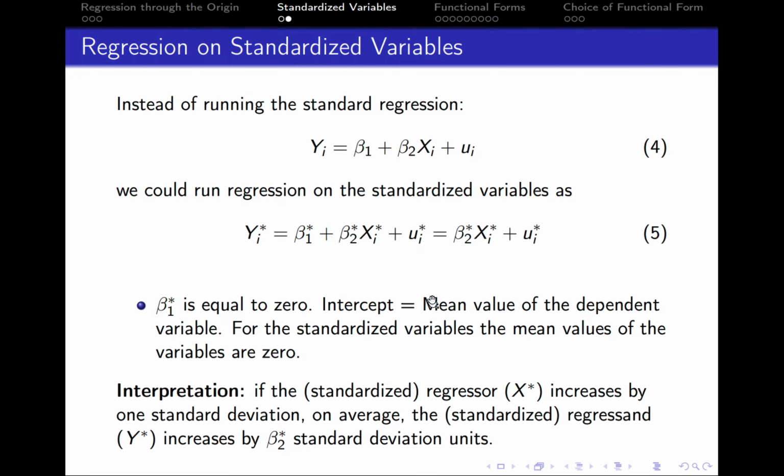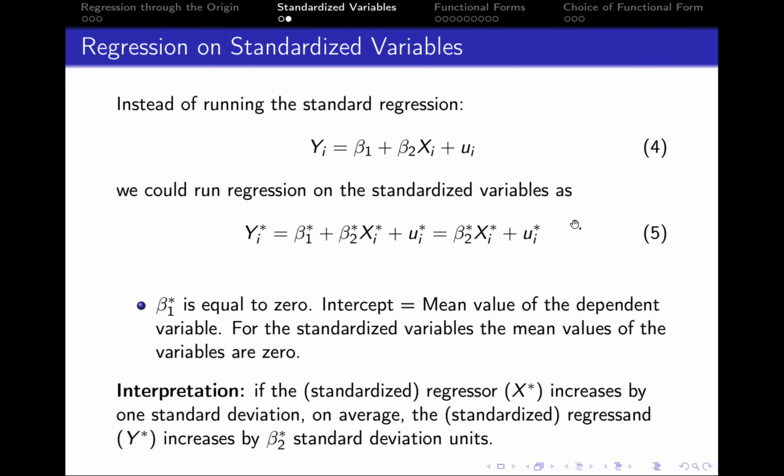Instead of running the standard regression, we can run the regression on standardized variables. So this is where this sign comes from. And as you can see, when we run a regression of standardized variables, we no longer have the intercept. The intercept is equal to 0. And the reason for that is very simple.